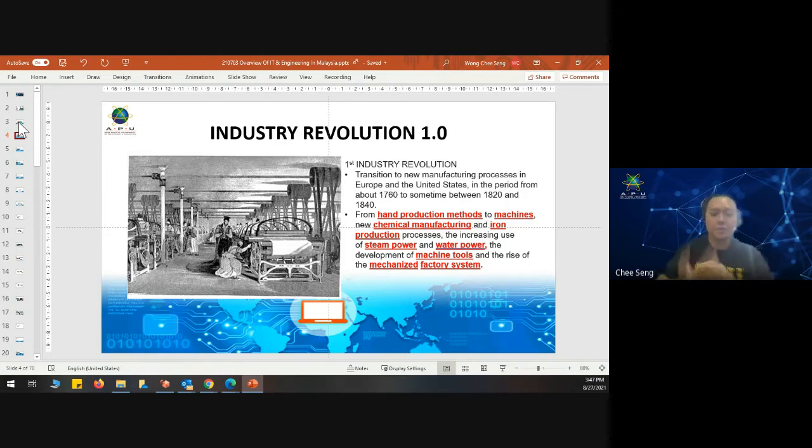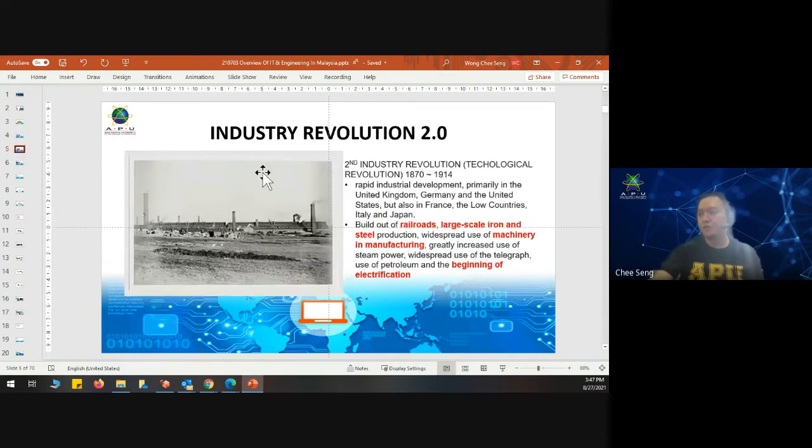They hired a lot of people just to operate the factory itself, and then moved on to 1870 to 1940. This is also when a lot of Western countries were introduced to railroad, large scale iron production, machinery manufacturing, and also the beginning of electrification.